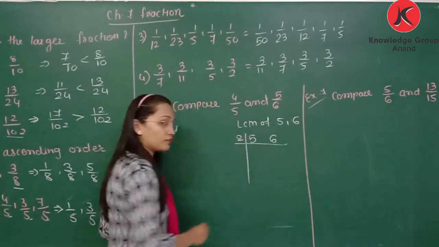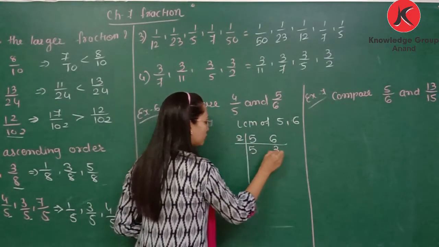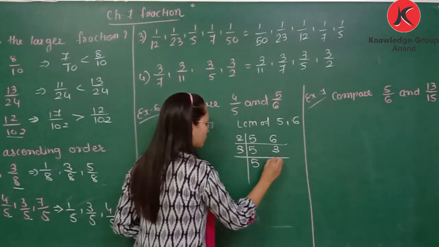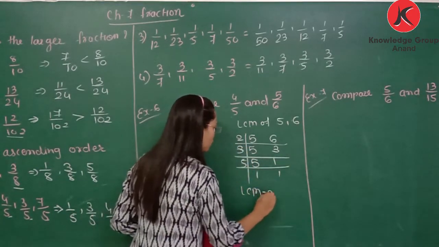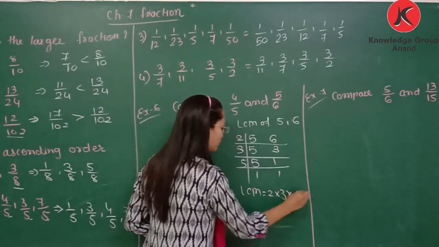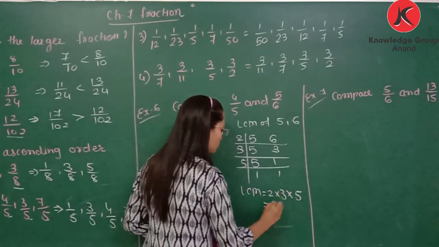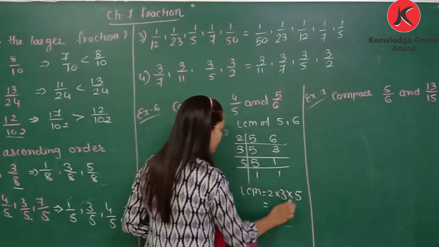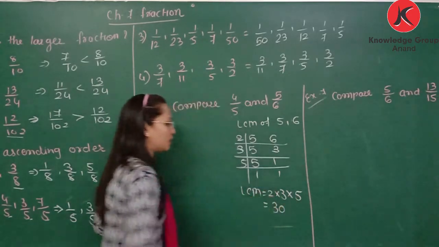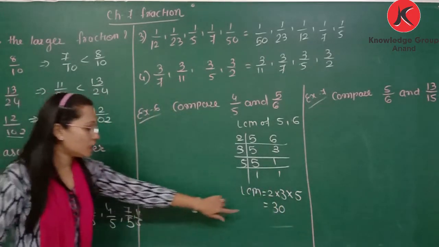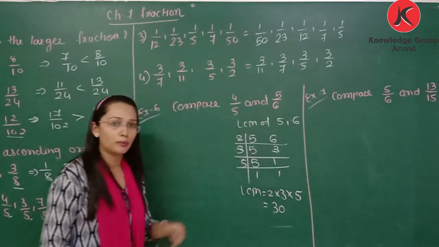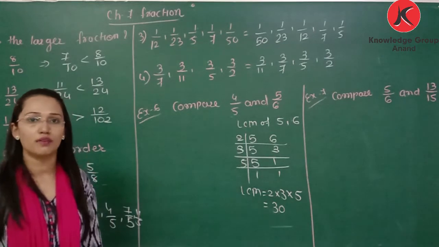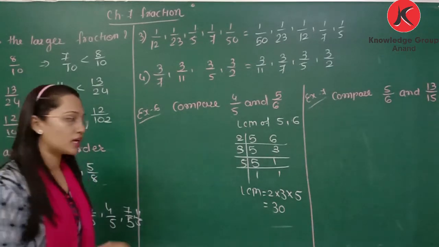Here we start with 2. The LCM is 2 multiply 3 multiply 5, which is 30. It means you need to make the denominator of each fraction 30.